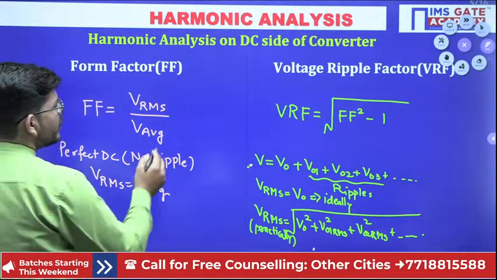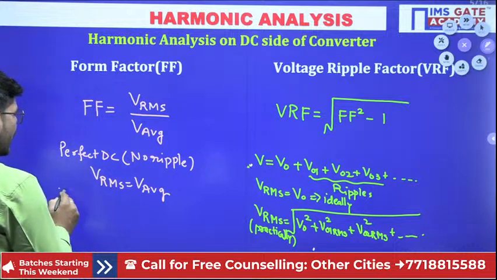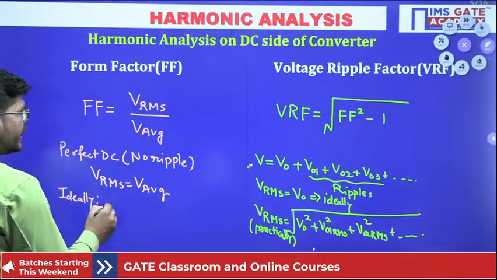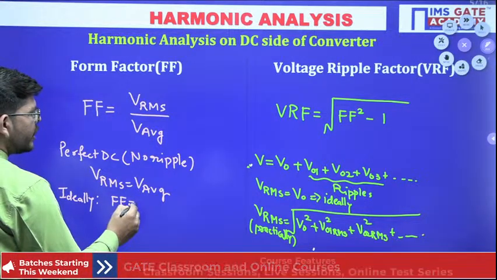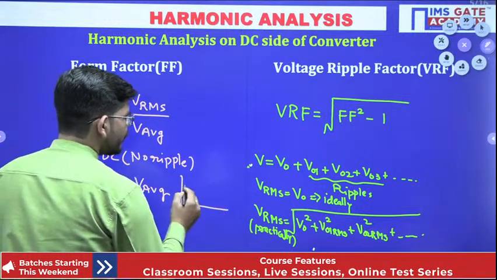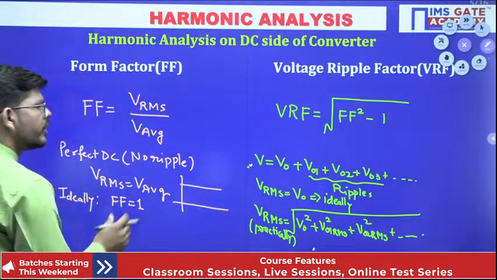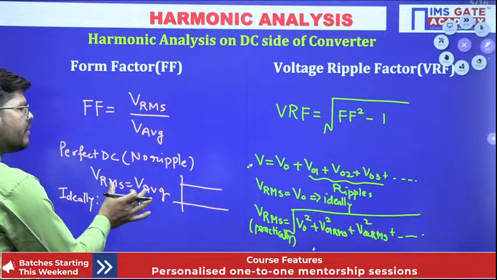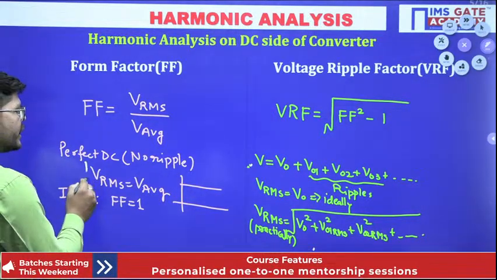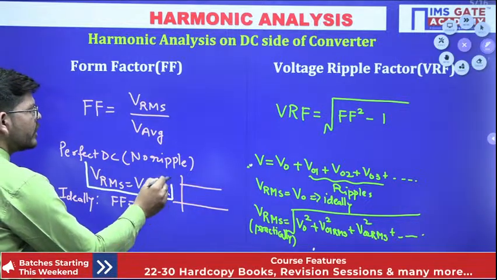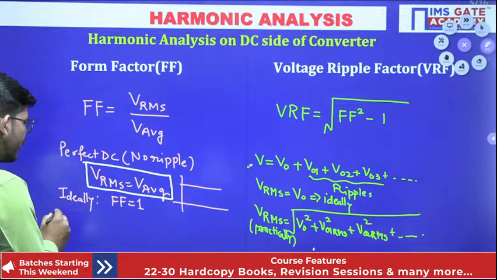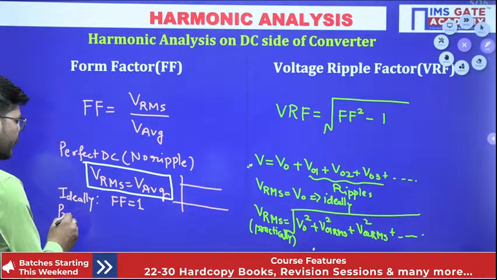So what will be the value of the form factor? Ideally the form factor value will be equal to 1, because in the case of a perfect DC, the RMS and average values are exactly equal to each other, and the form factor will be 1.